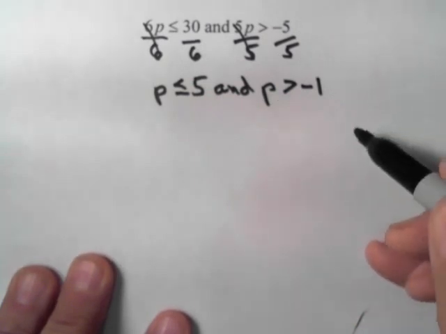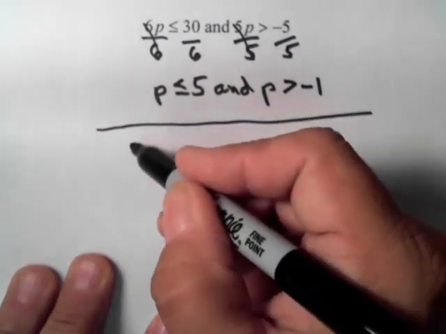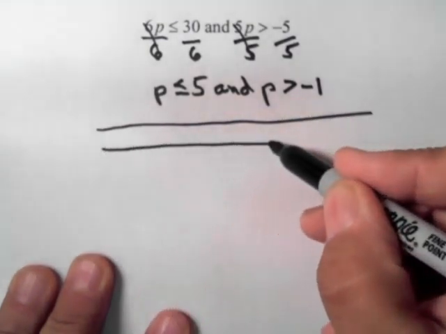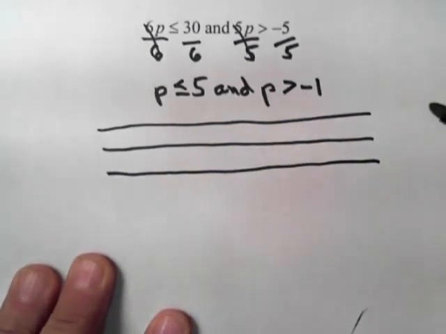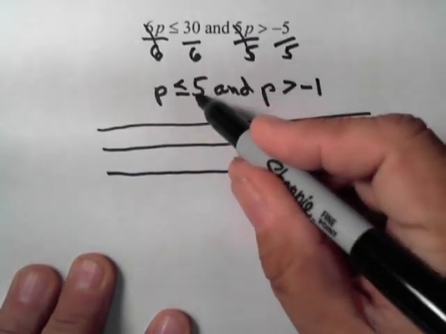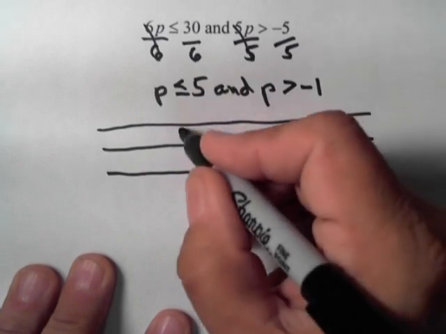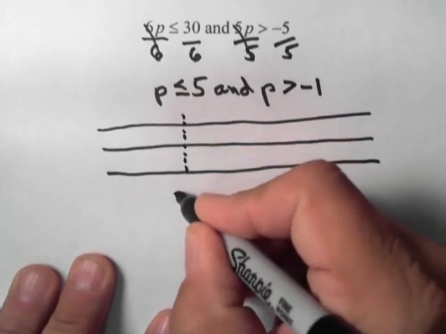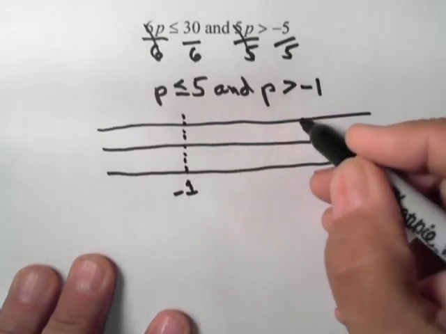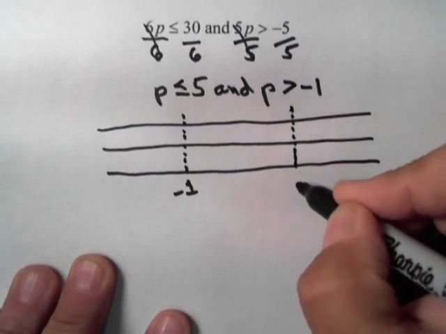Once again, to give the solution on here, I'm going to draw my 3 graph lines here. Here they go, 1, 2, 3 of them. And these are my boundary points, 5 and -1. Now, -1 will be over on the left here someplace, so let's say this is -1, and 5 is going to be over here on the right someplace.